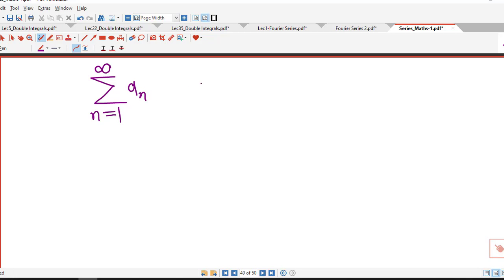So the idea of the integral test is we define a function f(x) on the interval which starts from 1, and here there is no upper bound. So here the range of summation is from n equal to 1 to infinity.